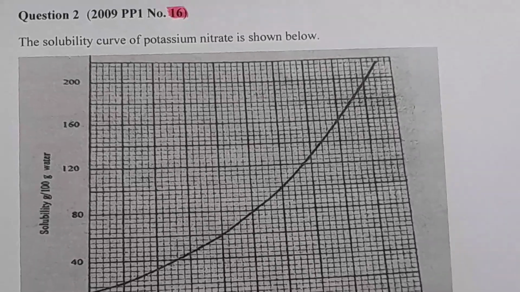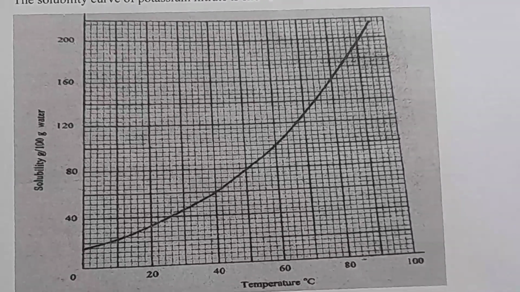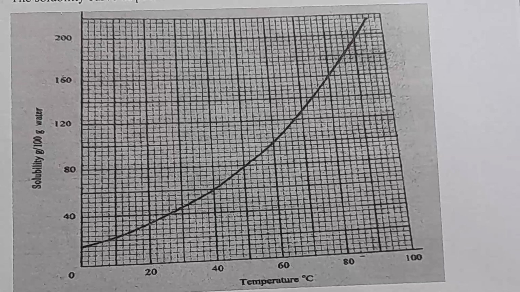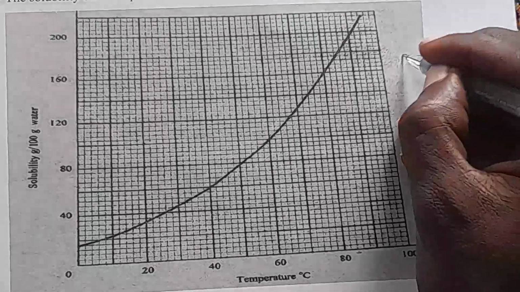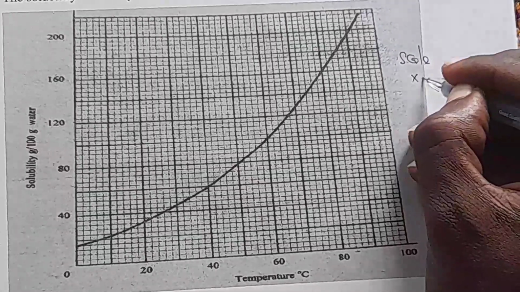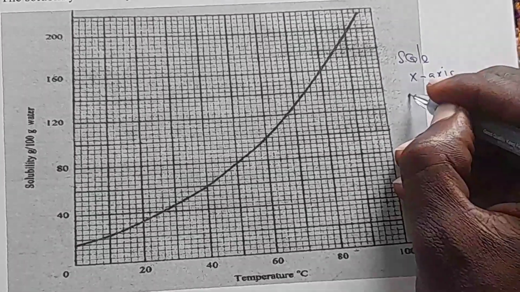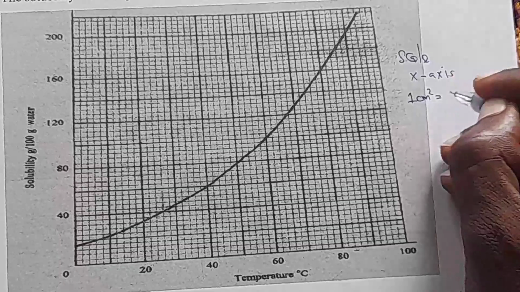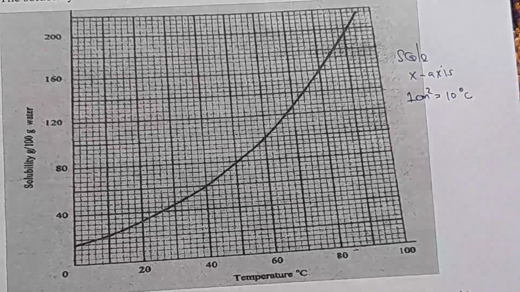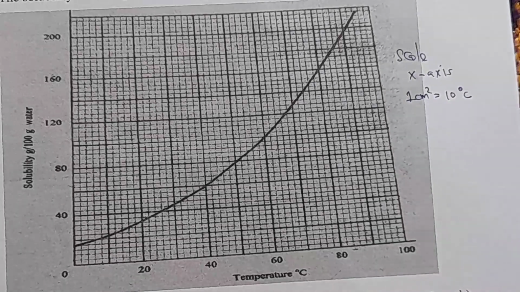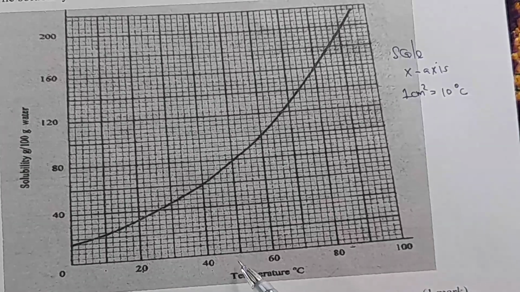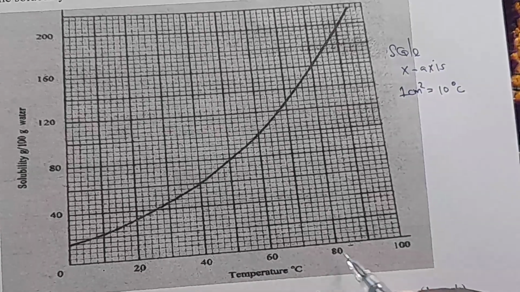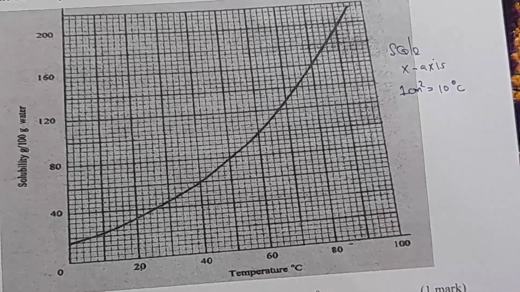Before we go to the questions, let's check the scale they have used. On the x-axis, 1 centimeter square represents 10 degrees Celsius. So here we have 10, 20, 30, 40, 50, 60, 70, 80, 90, then 100 there.